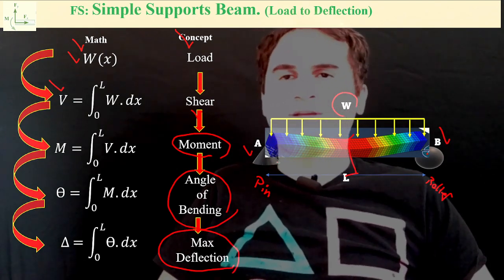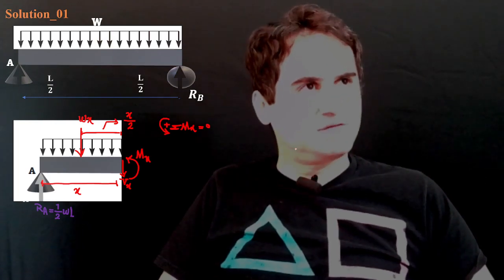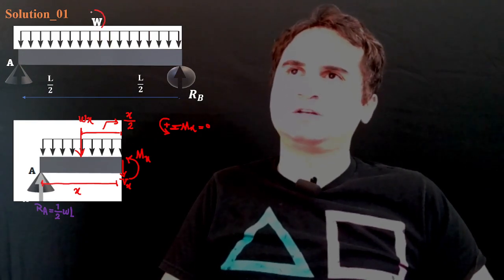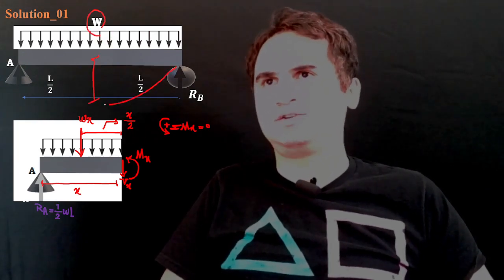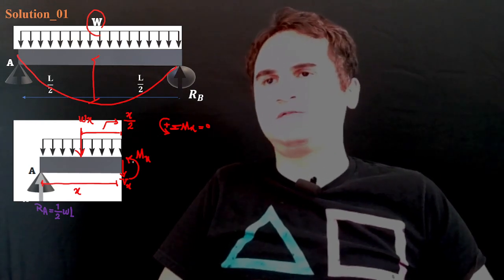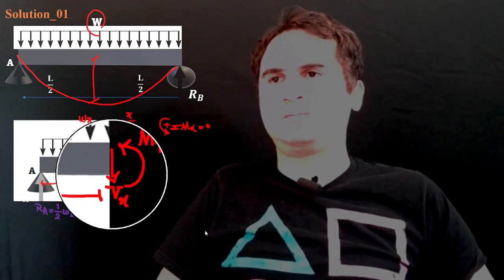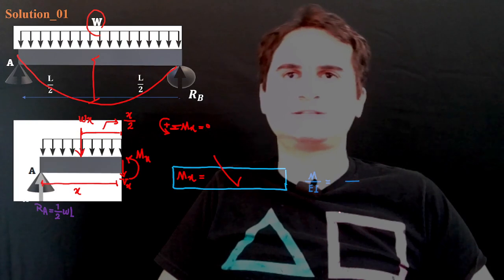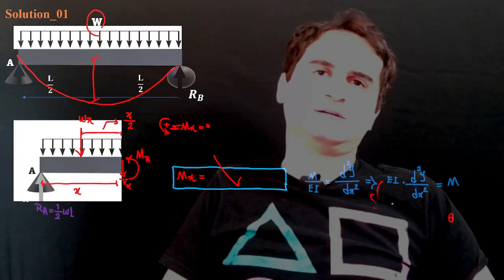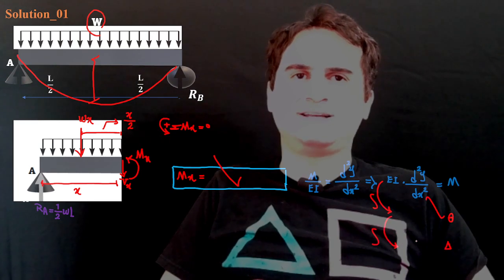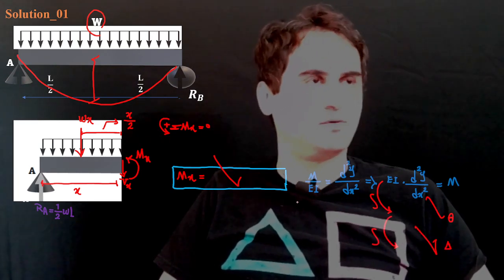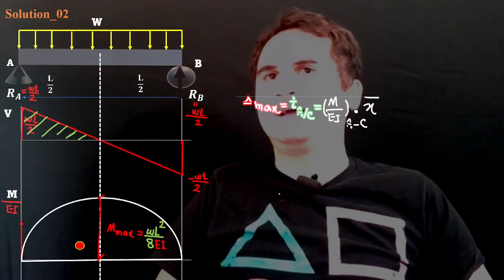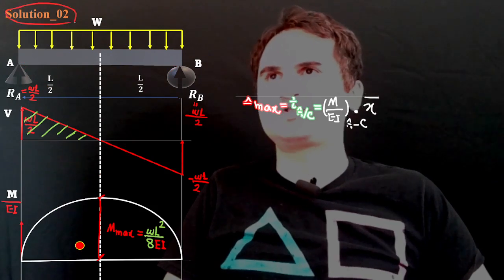We can easily get the maximum deflection at the center due to the uniformly distributed load: if we cut the beam at a length of x, write the moment equation, and integrate it twice, the first gives theta, and the second integration brings you to delta. I didn't provide it here, but I will provide the link if you want to review it. That's our first solution.